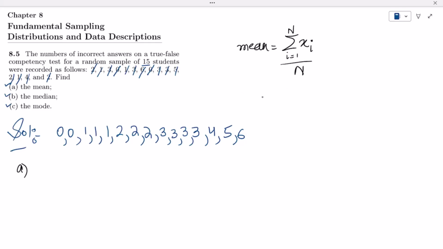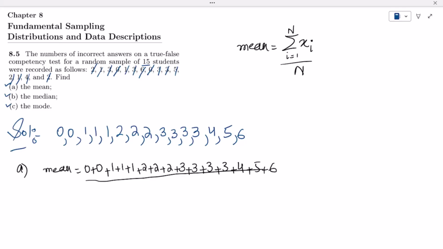So the mean is 0 plus 0 plus 1 plus 1 plus 1, then 2 plus 2 plus 2, then 3 plus 3 plus 3 plus 3, then 4, then 5, then 6, and I have to divide over the total number of items, which is 15.